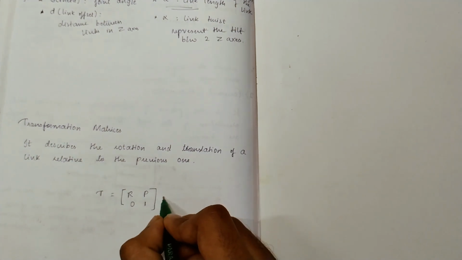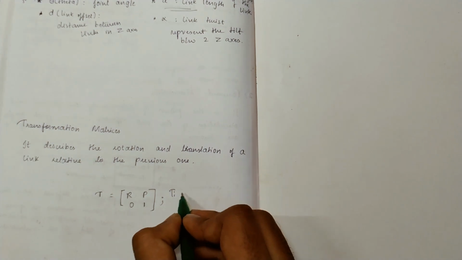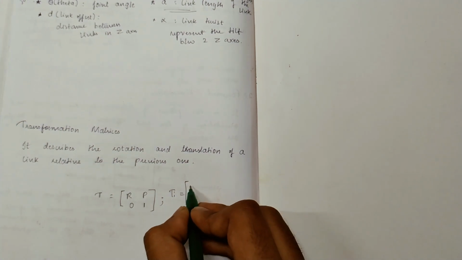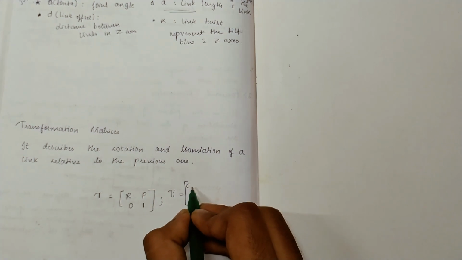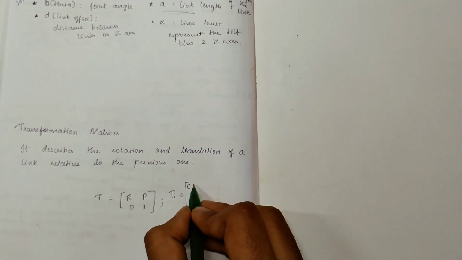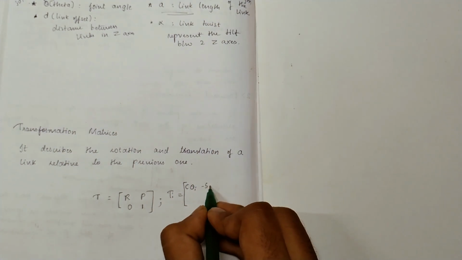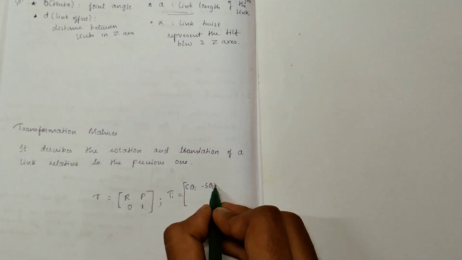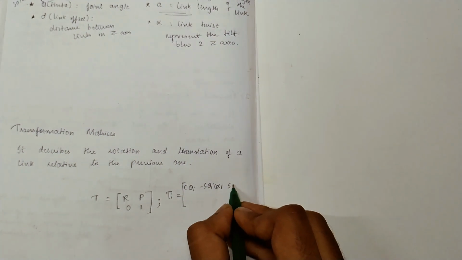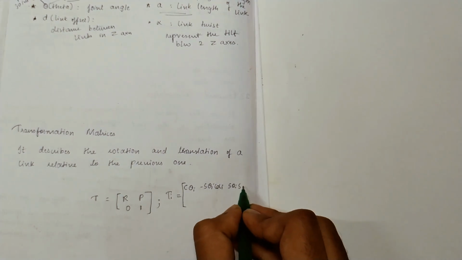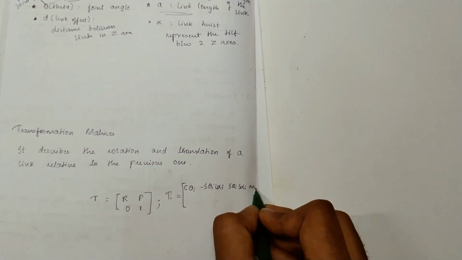So let's draw an example. Ti is equal to, I will be using abbreviations C for cos and S for sin: C theta i, minus S theta i C alpha i, S theta i S alpha i, and A cos theta.